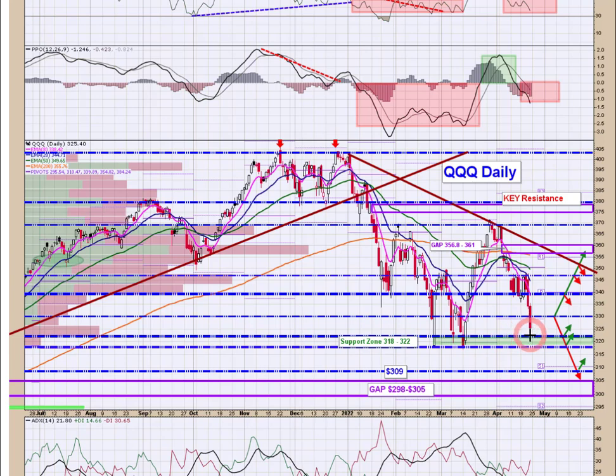So tomorrow I would be watching this little support zone between 322 and 318, and if we get below 318, that would be where I would anticipate some type of a panic move. Once everybody recognizes and the algos recognize that we've lost those prior lows.